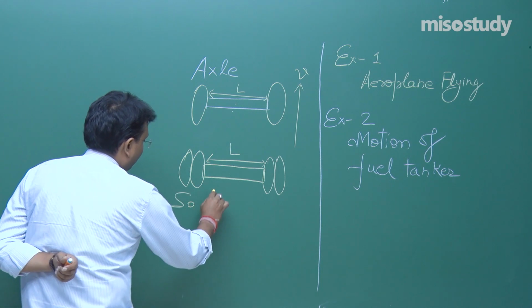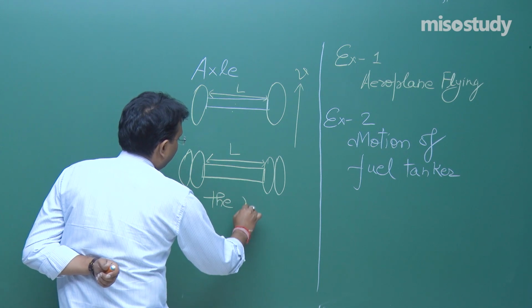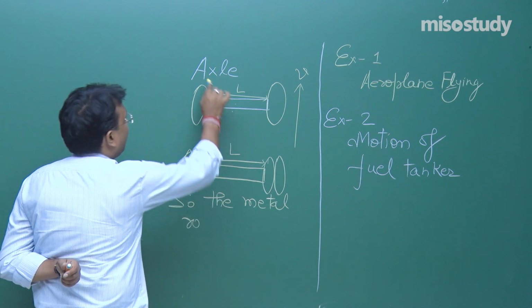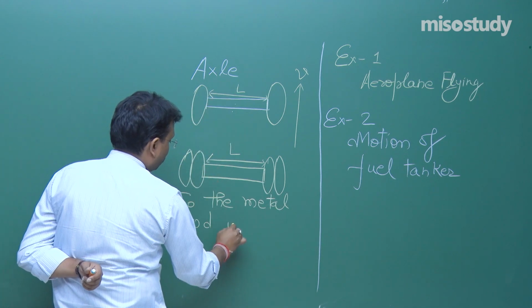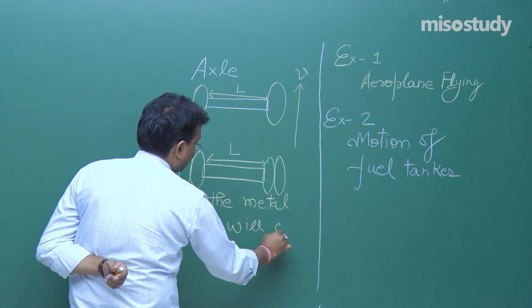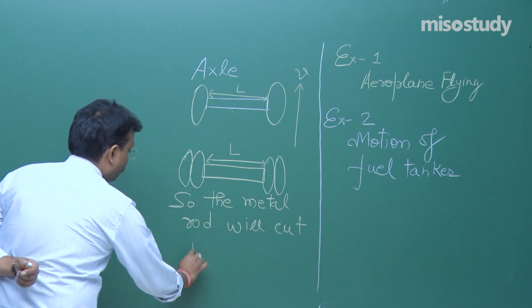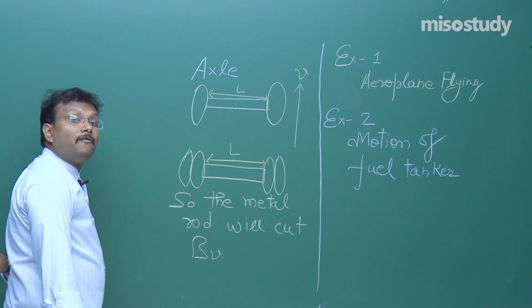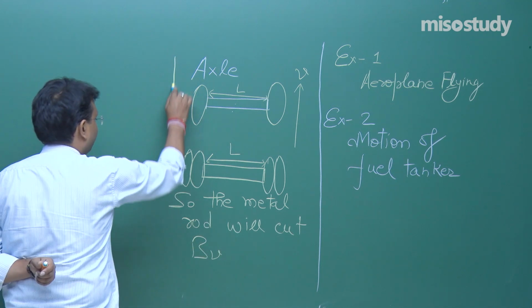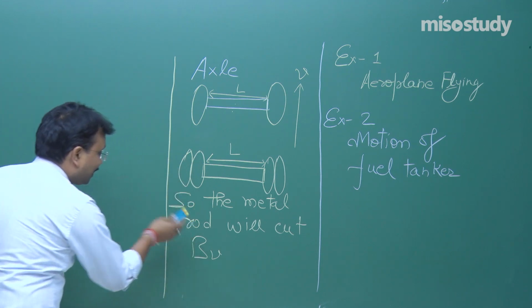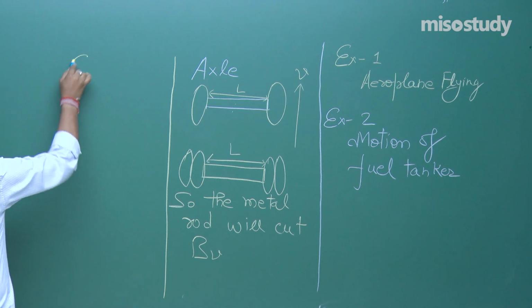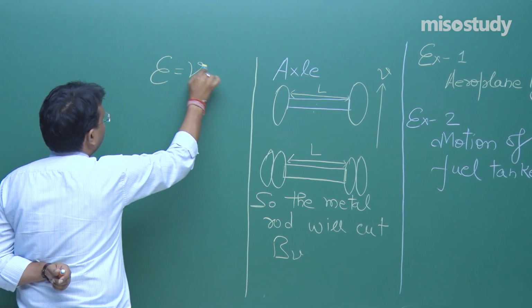So, the metal rod, the axle, will cut VV. What is VV? Vertical component of the Earth's magnetic field. Fine. So, if it will cut like this, then what will happen? Then we can say VLB.